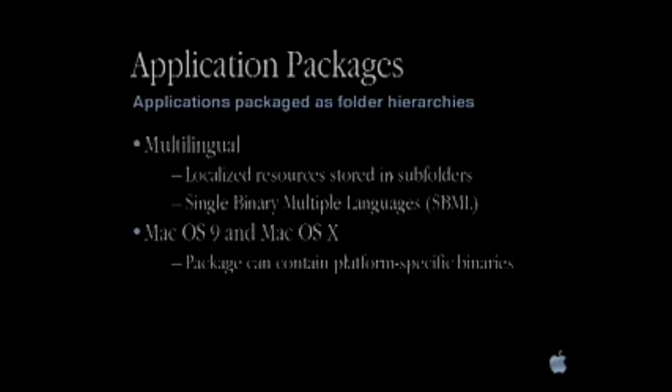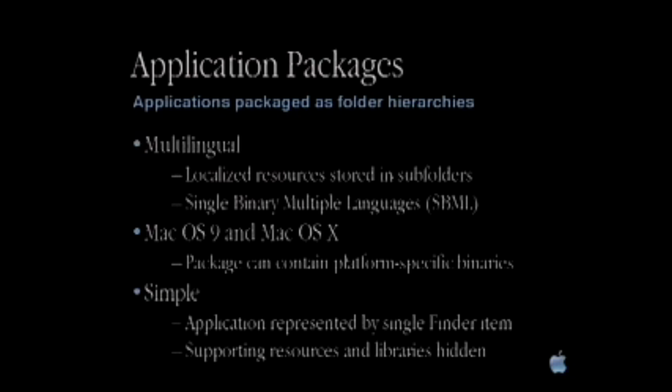But if you choose, you can also have a CFM application on Mac OS 9 and a Mach-O application on Mac OS 10, package them within the same application package, so the user is none the wiser, and when they double-click, it'll run using the binary of the platform. Again, totally up to you, but it's hidden from the user. And these are extremely simple. How much more simple can you get than having a single item for the user?